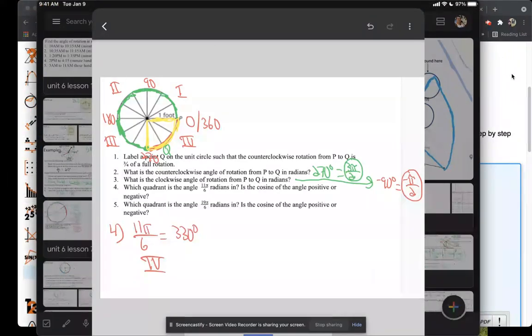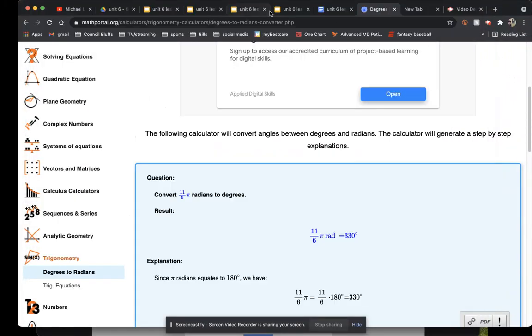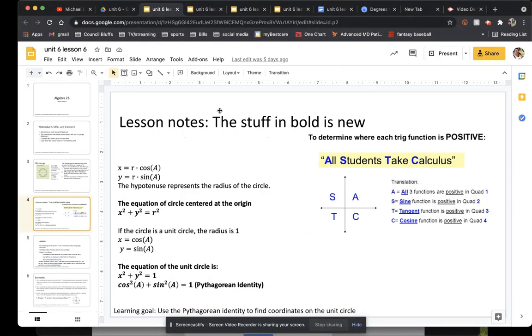Then we want to know, is the cosine of 330 positive or negative? To figure that out, we're going to go all the way back to lesson 6 lesson notes and look at this right here. Our angle is in quadrant 4, which is this quadrant down here. In this quadrant, cosine is positive.